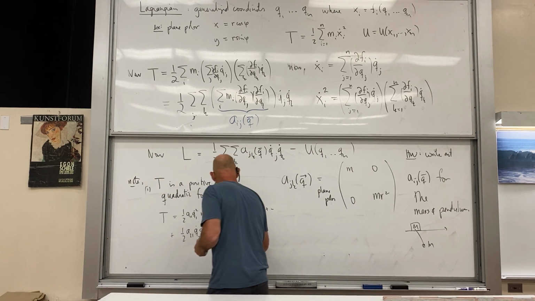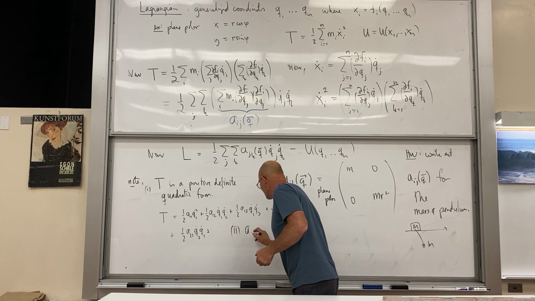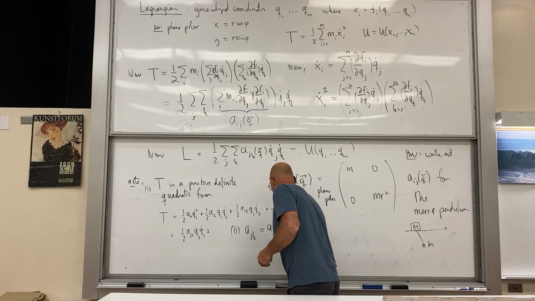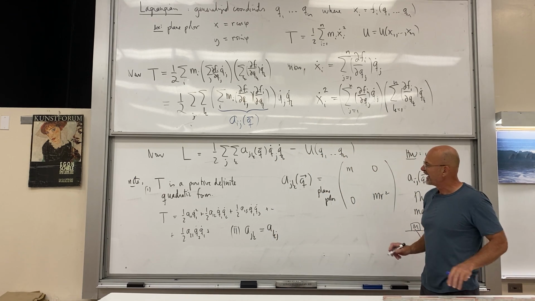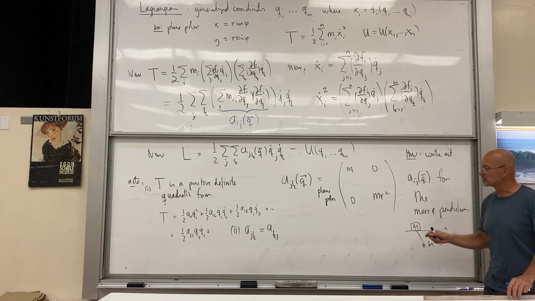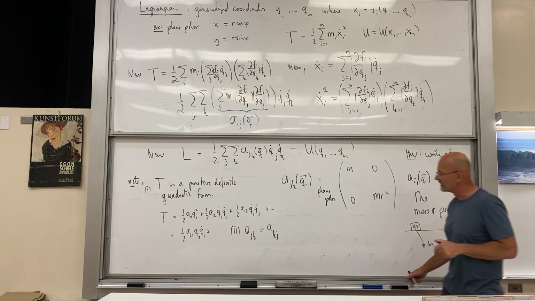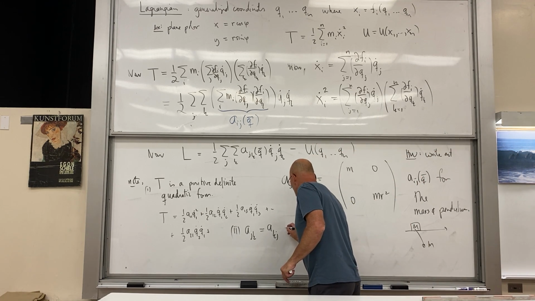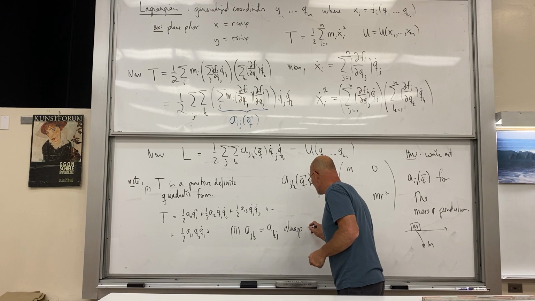The second very important point is that A jk equals A kj is always possible. You can always make the thing symmetric. In my example with this system here, I explicitly turned it into a symmetric matrix. So look at this example. It's always possible for it to be symmetric, and you make it symmetric as you're constructing it.